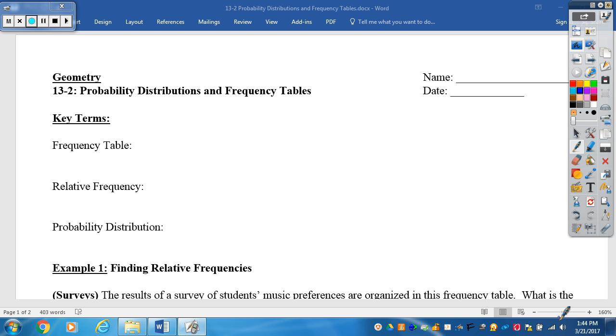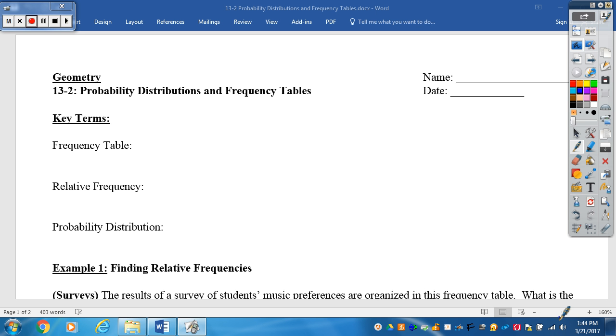Relative frequency is the next term, the ratio of the frequency of the category to the total frequency.